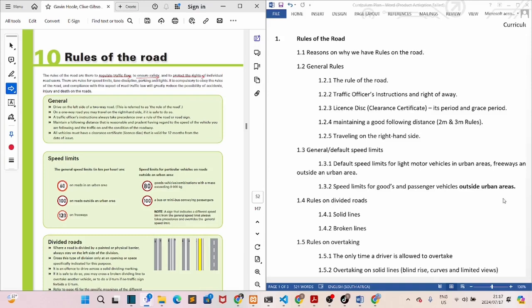Swerving means you go out of the way, maybe to the other lane, and also cause an accident. So if you can stop your vehicle without swerving, then you have maintained a good following distance in those unfavorable conditions. Okay, moving on.